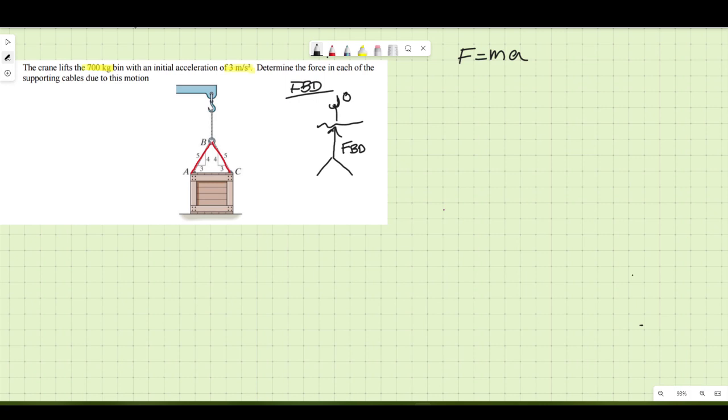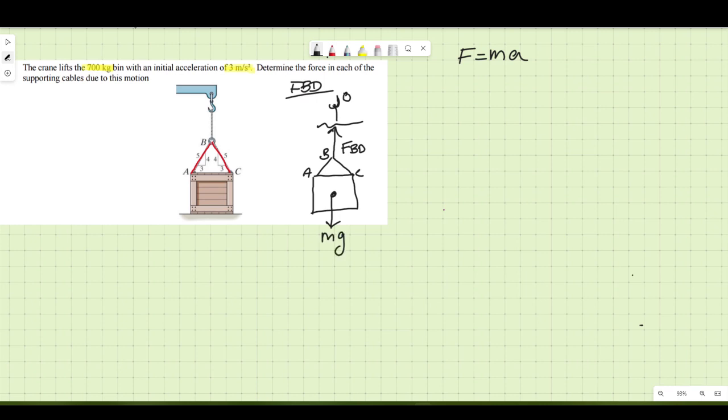Coming off the sides, this is point B, this is point A, point C on the crate. As we draw a little crate, we know that it's a 5, 4, 3 triangle, but we also want to add in that we have a mass times gravity.